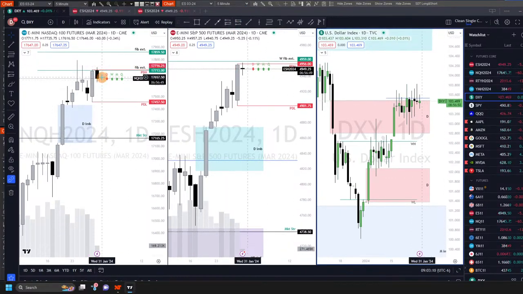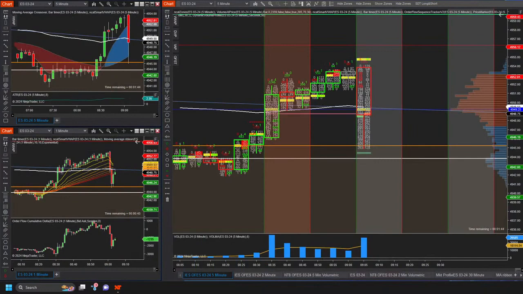NASDAQ ripping to the downside. Russell 2000 ripping to the downside. Dow pulling back down. Two leaders seem to be the Russell and the NASDAQ to the downside, and the Dow and S&P are kind of lagging.